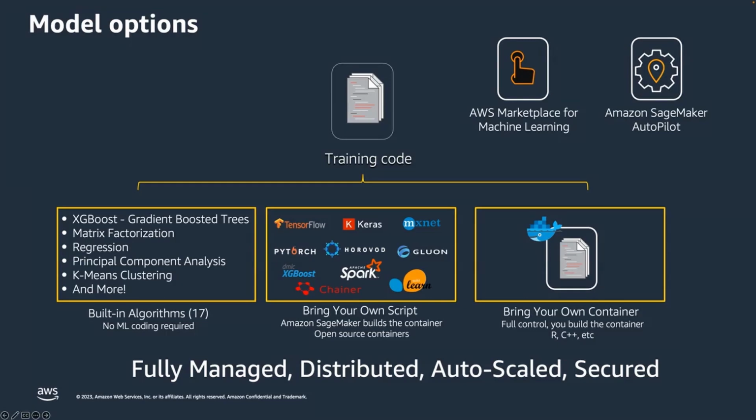A great feature that's been available for a number of years and now available in Amazon SageMaker Pipelines is Amazon SageMaker Autopilot. If you don't want to deal with the trouble of selecting an algorithm for your particular business problem or selecting a training script, you can give your data to Amazon SageMaker Autopilot, and it will operate in one of two modes. One of the modes will be train and tune mode.